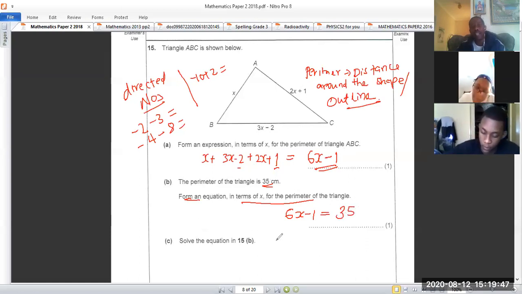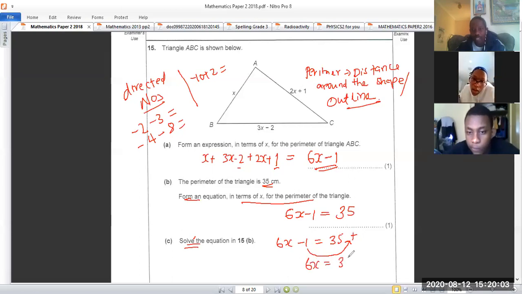Then here we solve the equation. 6x minus 1 is equal to 35. We carry that across the equal sign, it becomes positive. So we have 6x is equal to 36, isn't it? Then we divide both sides by 6, and our x is equal to 6. Are we together?